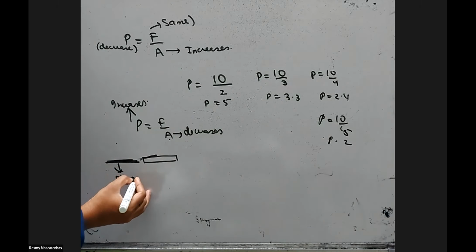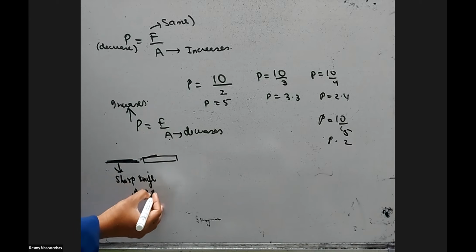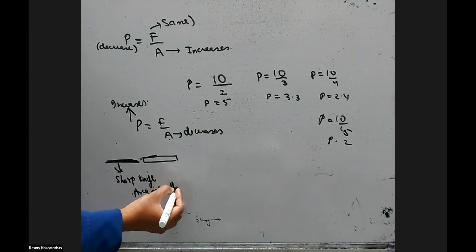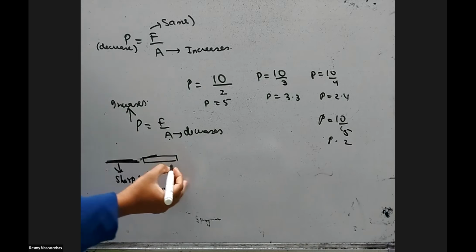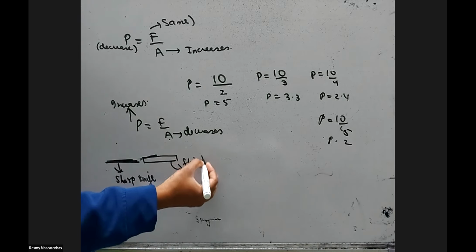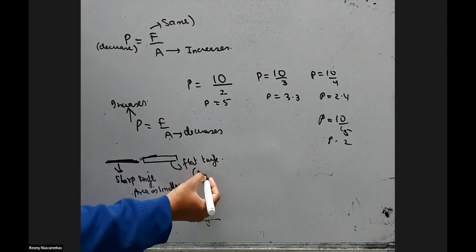So what is going to happen over here? For a sharp knife, you know that the area is smaller, and a blunt knife means it has become almost flat. Blunt knife means a flat knife. A flat knife will have bigger area.